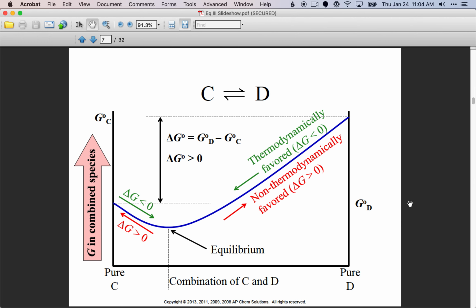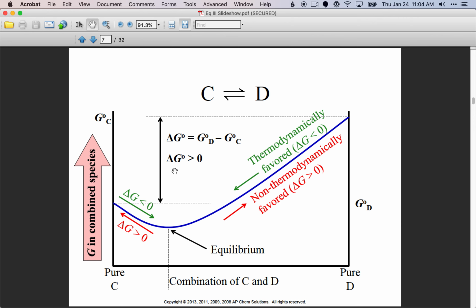Now we could have the opposite situation here. Notice that your Gibbs energy of C is lower than Gibbs energy of D, and as a result, when you subtract the two, you get a positive value.